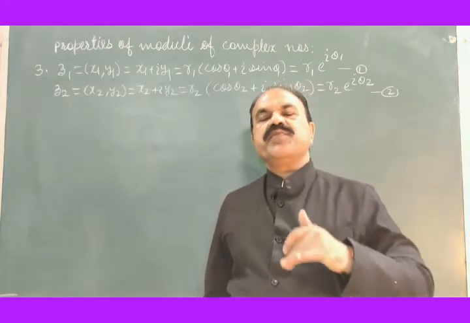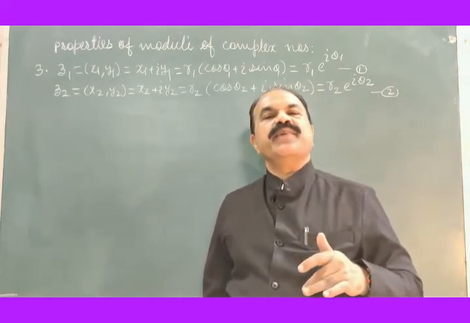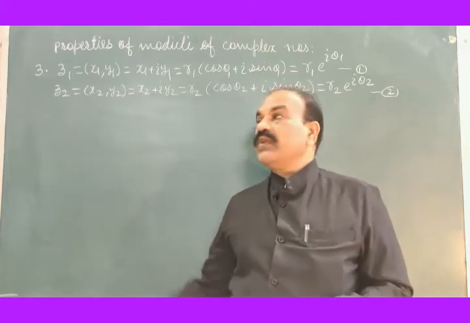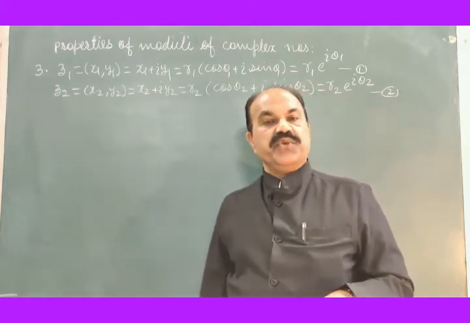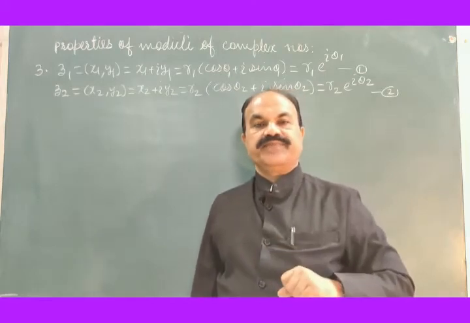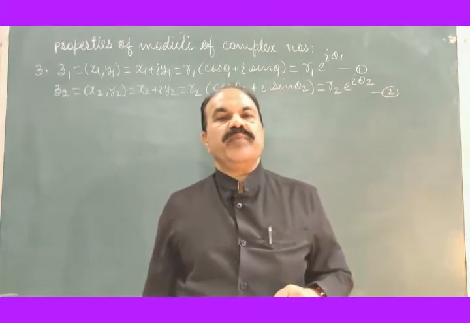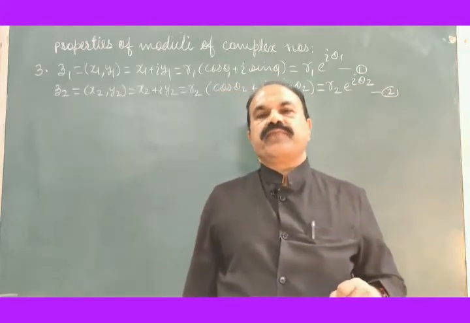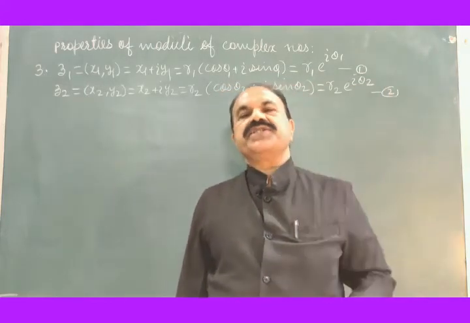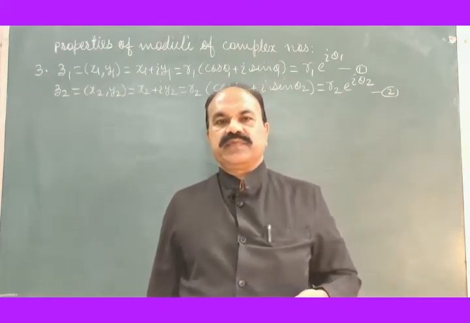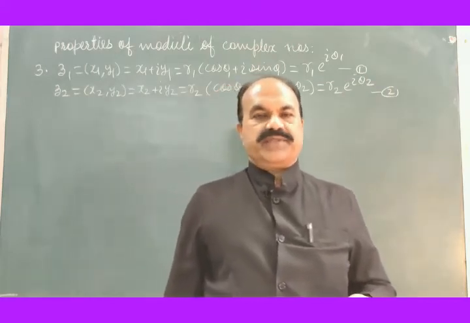To verify this property of moduli of complex numbers, when we go for sum of complex numbers, we have considered these two complex numbers, one thing. Second thing, while talking about conjugate complex numbers, we discussed various properties of conjugate complex numbers.